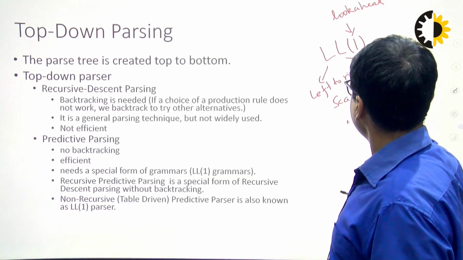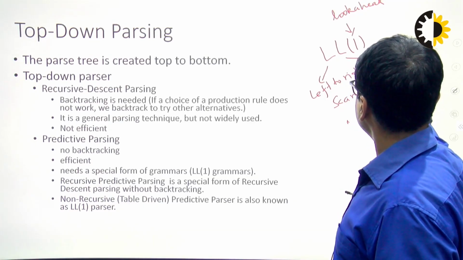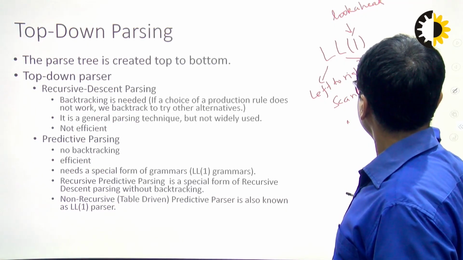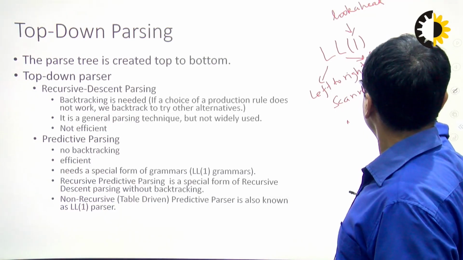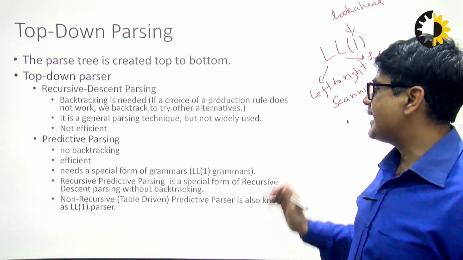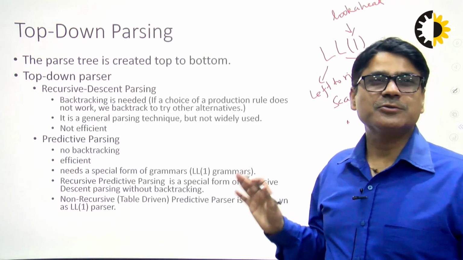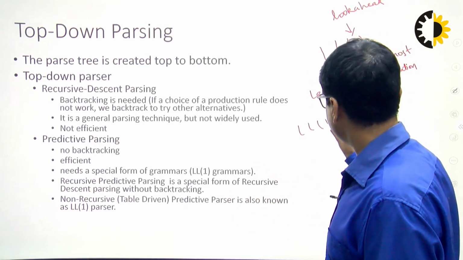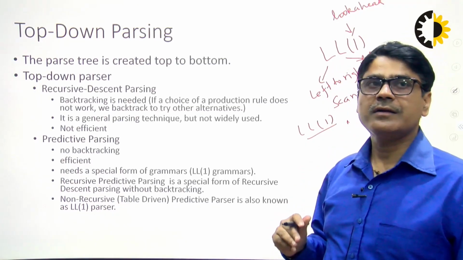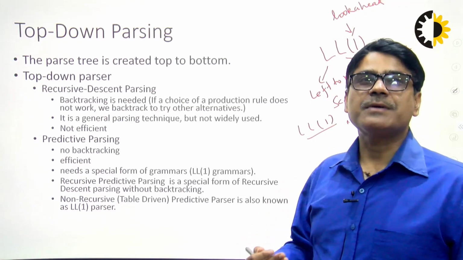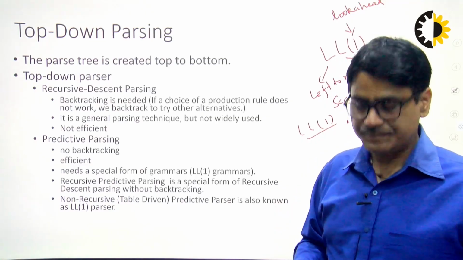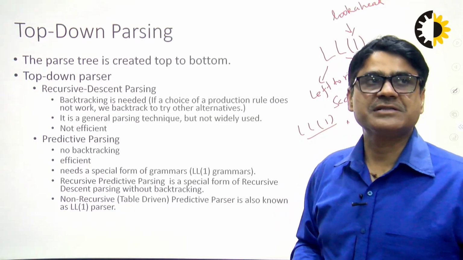And the second L is leftmost derivation. So LL1 is the name of this predictive parser. You can say that the grammar is LL1 when the context-free grammar is parsed by predictive parsing. So it is a very important parsing. We will see the details of this parser.